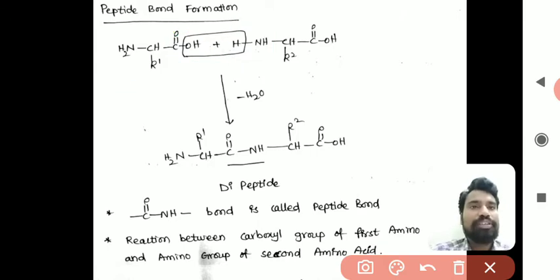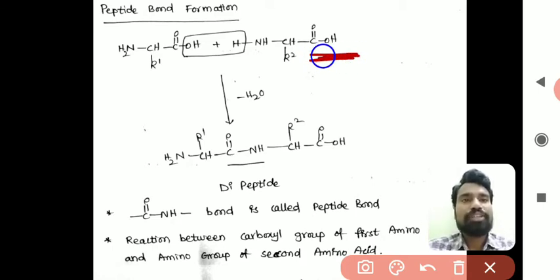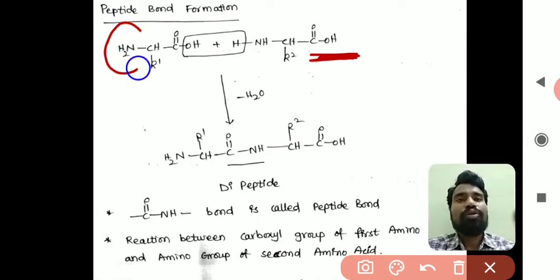Because, for example, if we want to prepare a dipeptide, when these two are added, what will happen? Another reaction is also possible. The second amino acid's carboxylic acid group may react with the amino group of the first amino acid.